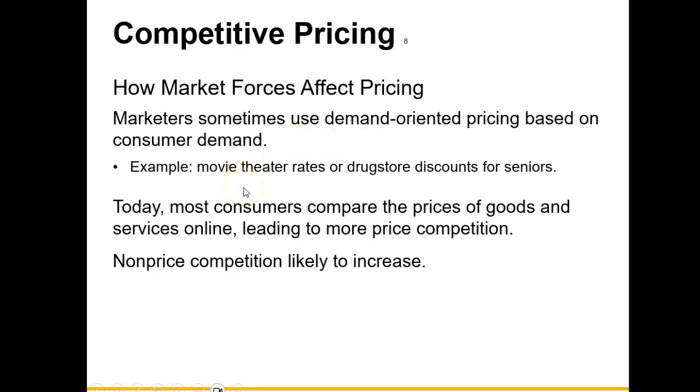So, for example, discount drugs for seniors and rates for movie theaters: these prices are set by the demand of the consumer. So most consumers compare the price of goods and services online these days, right? Leading to more price competition. So if you want to find the price of something, we can go online to see the difference.